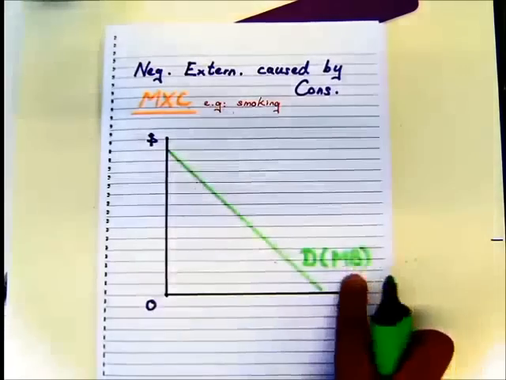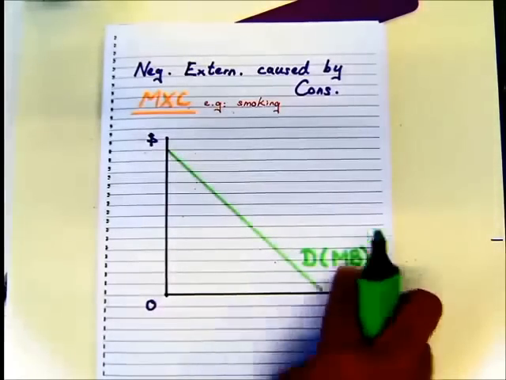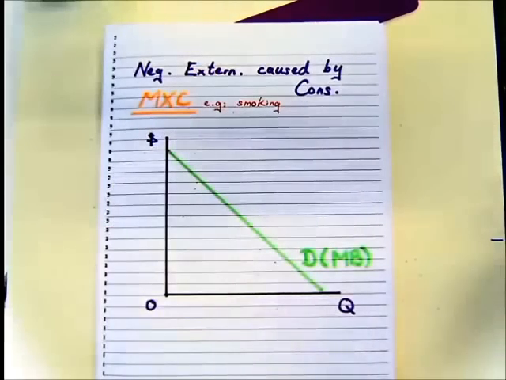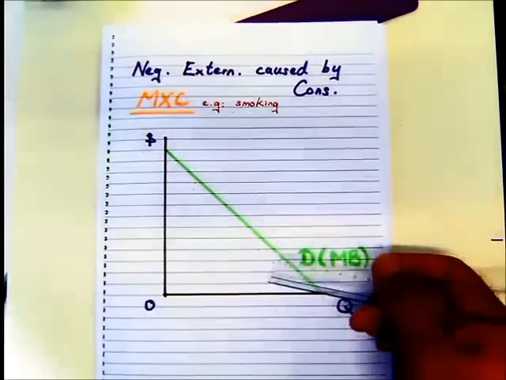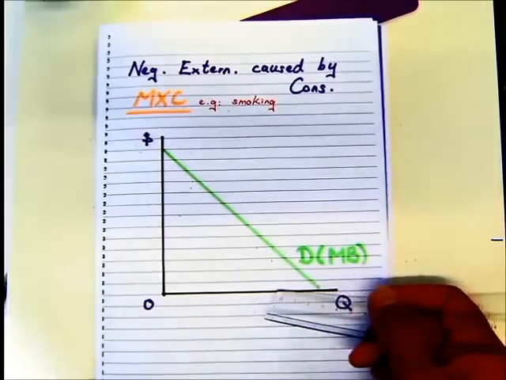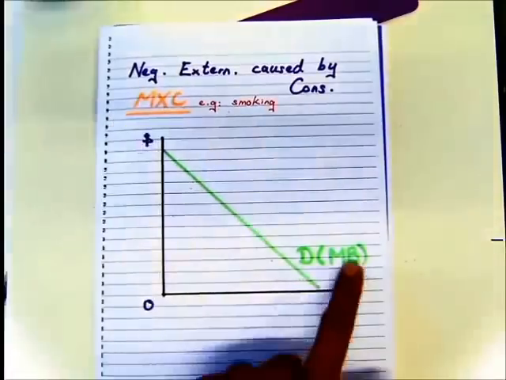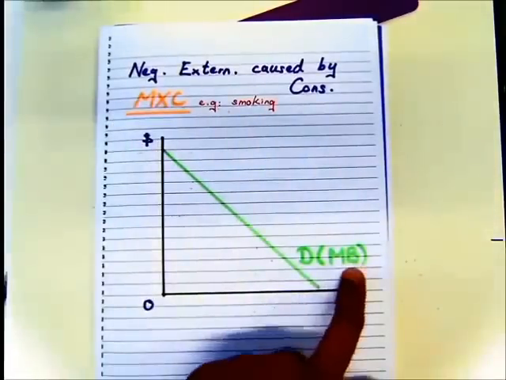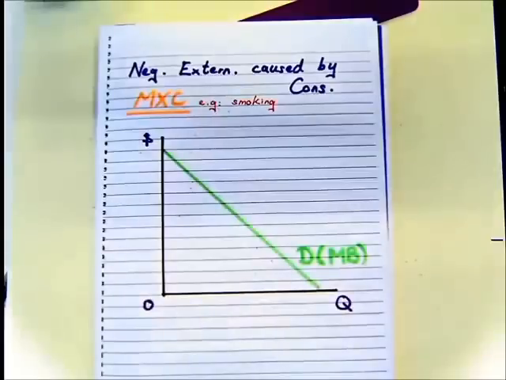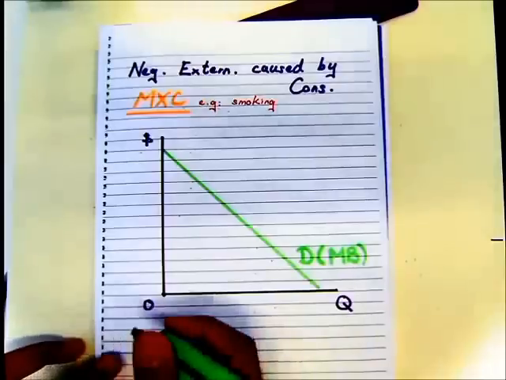What will happen to the benefit if there's an external cost? Will the benefit go up or will the benefit go down? Well, since a cost is a negative and a benefit is a positive, the external cost actually reduces the marginal benefit.